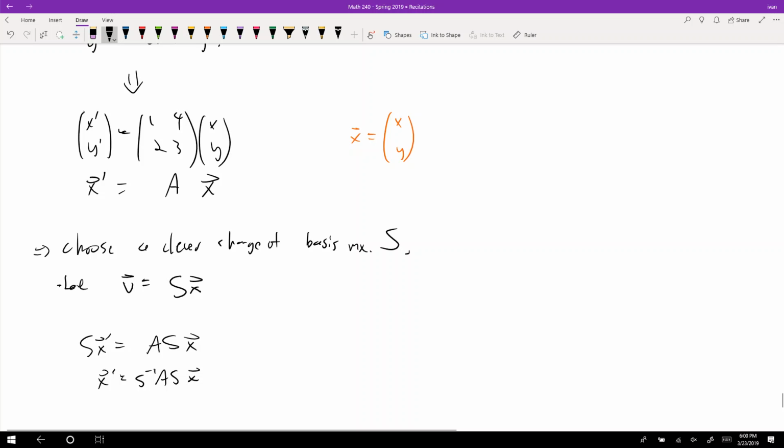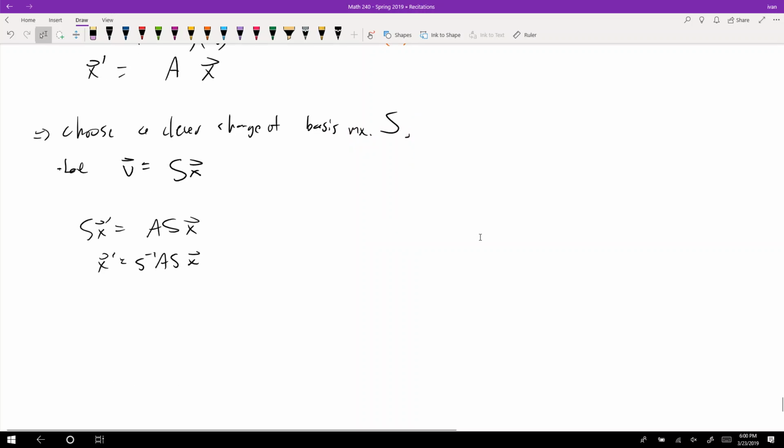So this is really x prime is equal to Jx, but in this case, J is equal to some diagonal matrix.